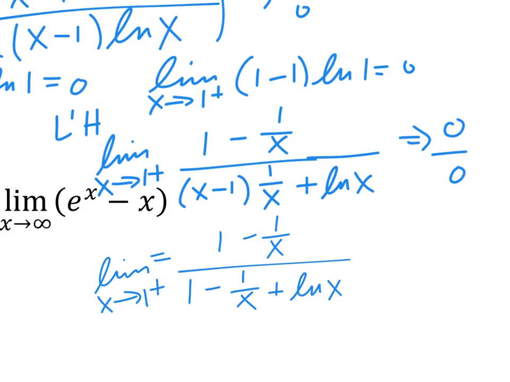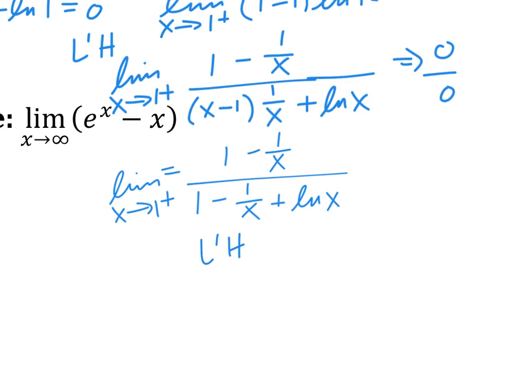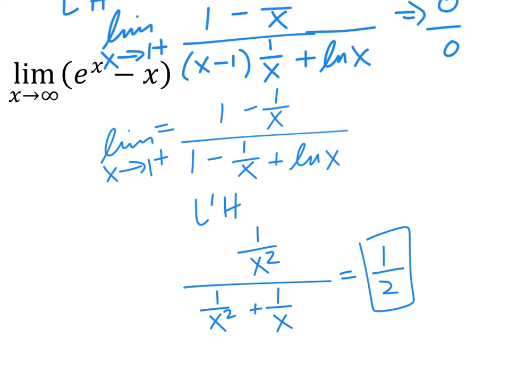Okay, L'Hopital's rule one more time. 1 over x squared over 1 over x squared plus 1 over x. Plug in 1, the answer is 1 over 2. All right, that's it for today.